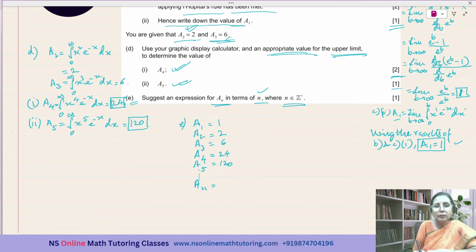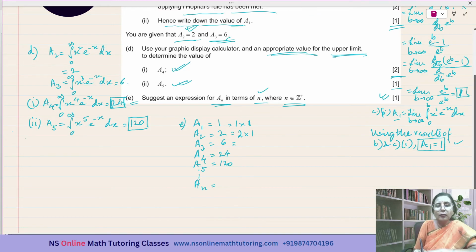So this can be written as 1 times 1. This is containing just a single mark. In case you cannot find it, don't waste your time. But actually this part is needed for solving the last subpart, subpart F, because you need to know the expression of An in terms of n. So this is 2 times 1. And this is equal to 6.